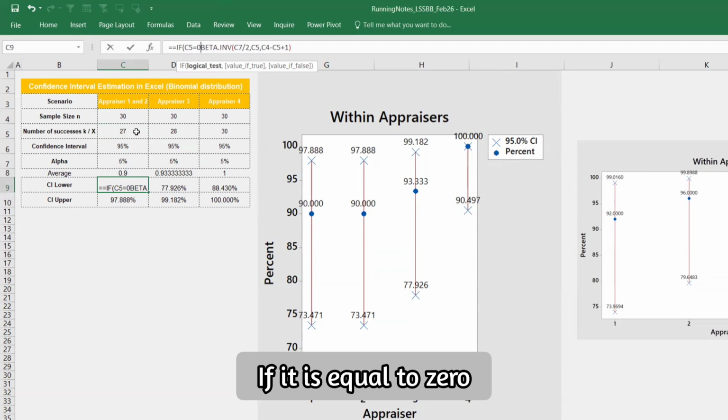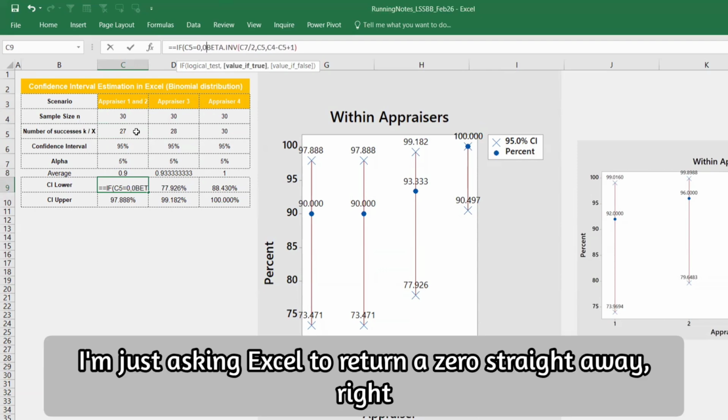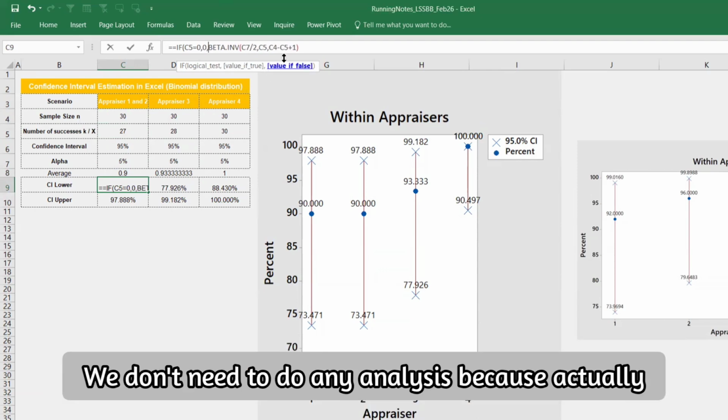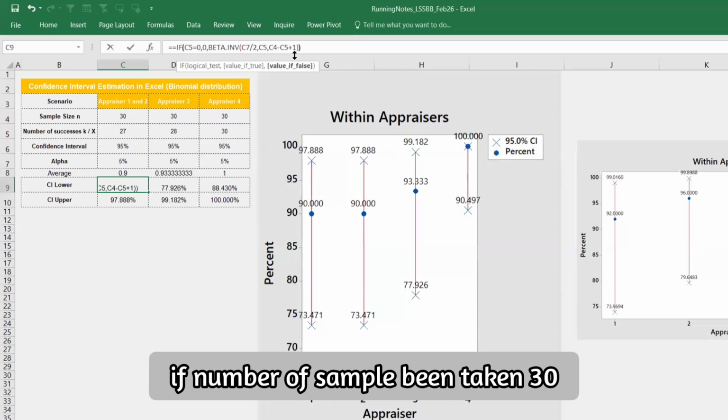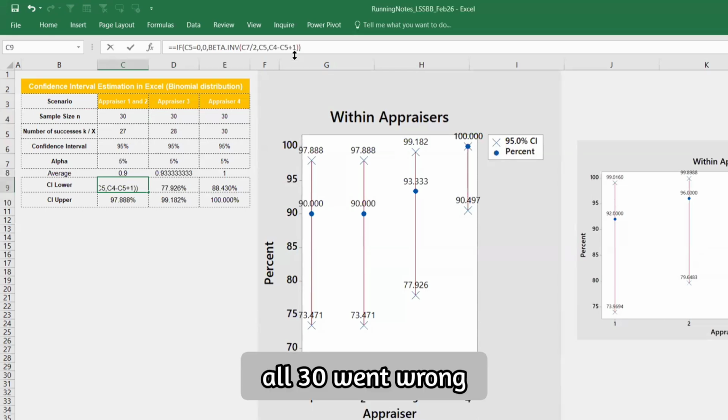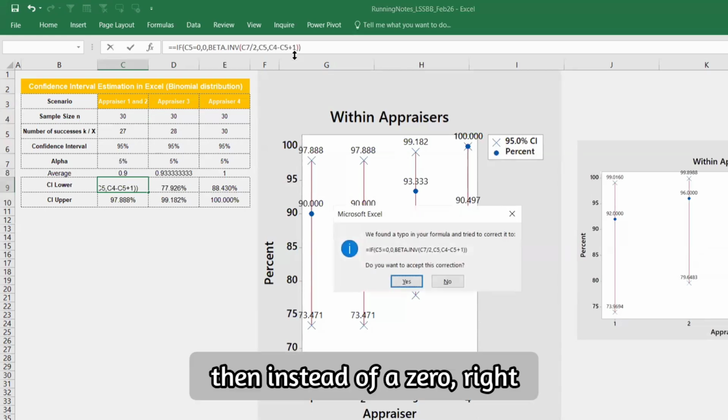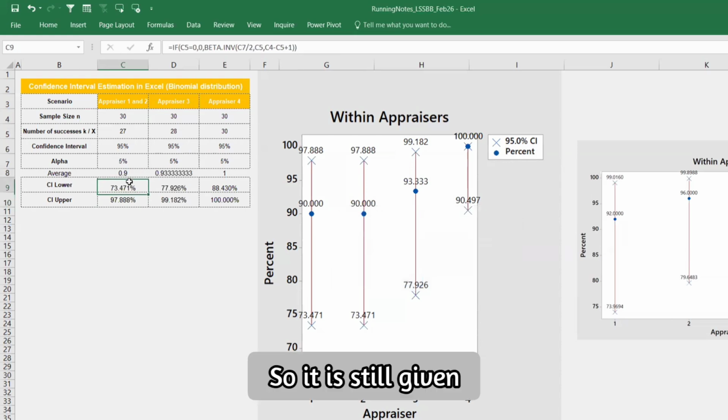If it is equal to 0, I'm asking Excel to return 0 straight away. We don't need to do any analysis because if the number of samples taken is 30 and all 30 went wrong, then straight away it is 0.